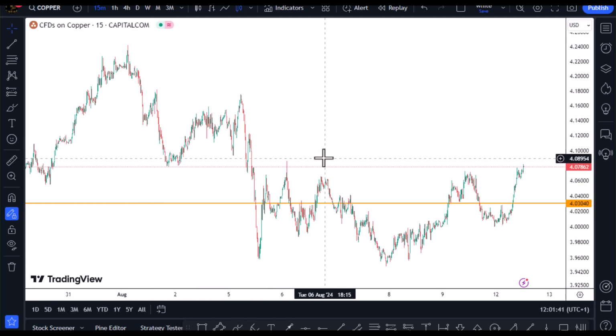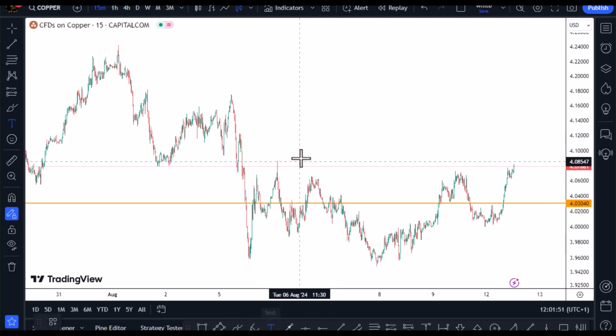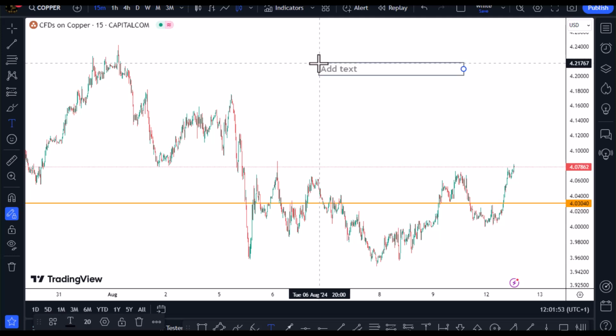In this class, I said there are 5 types of traders. The first is the scalper. We have the day trader.